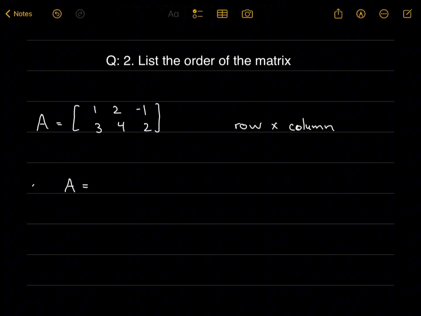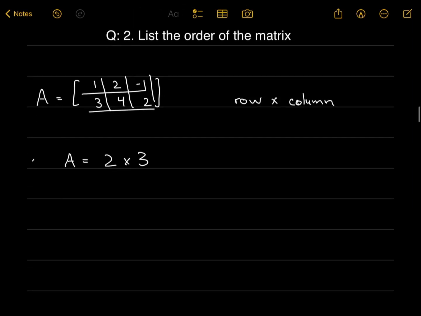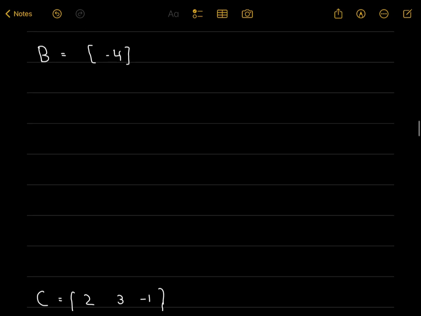So 1, 2, 2 horizontal rows, and 1, 2, and 3 columns. So 2 into 3. So 2 by 3 is the order of this matrix. So A's matrix order is 2 by 3.